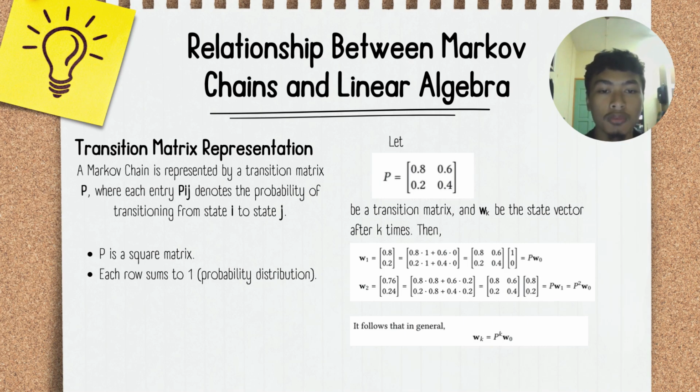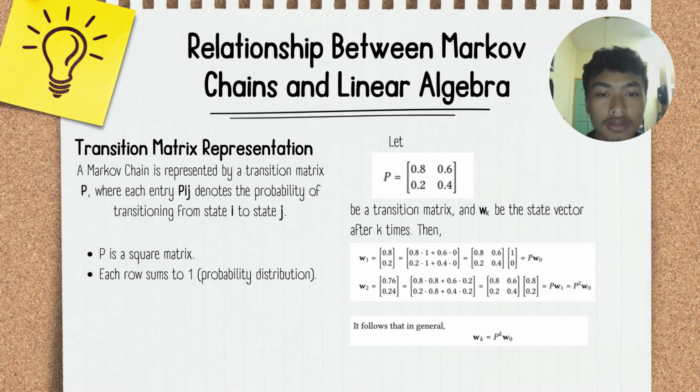Therefore, we will get 0.76 and 0.24. We can also substitute W1 with P times W0. Therefore, we can also get W2 by multiplying P squared times W0.